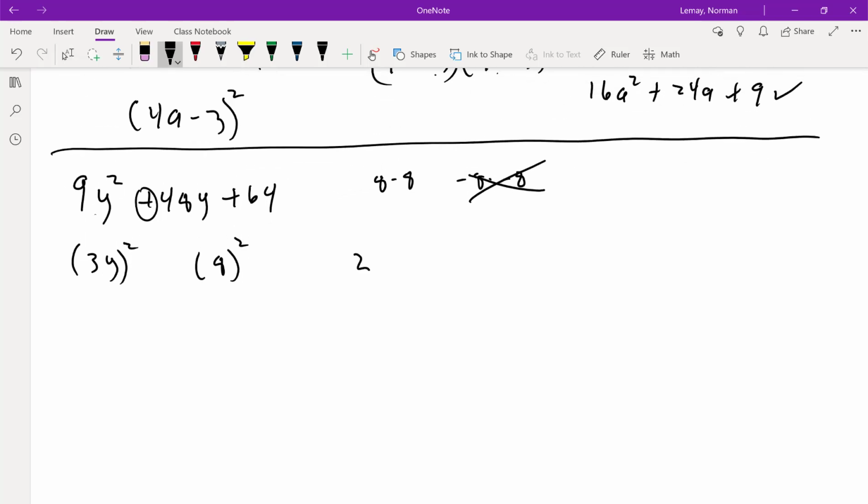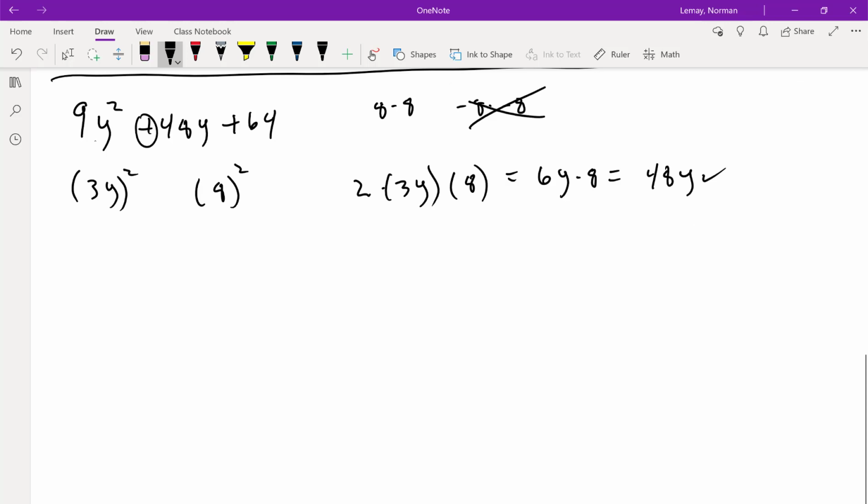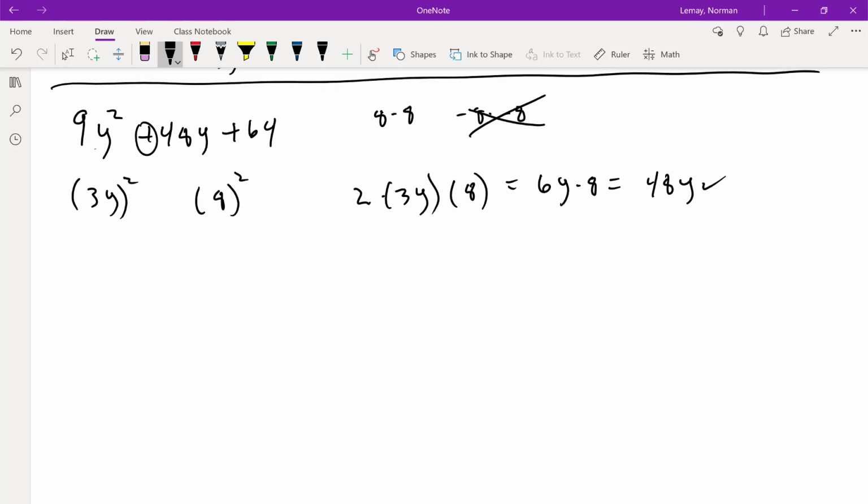So we have 2 times 3y times 8, okay, which gives 6y times 8, and 8 times 6 is 48, and we get our y. So that checks out. So notice that now we can write this in its factored form as (3y + 8), and this whole thing is quantity squared.